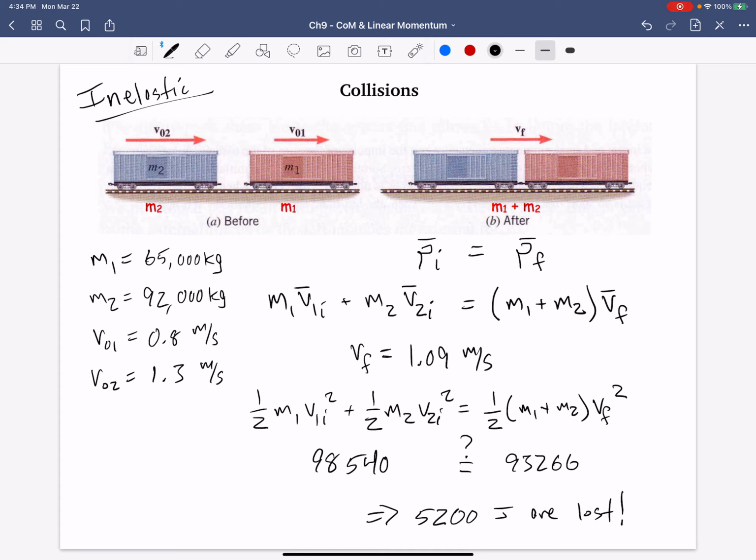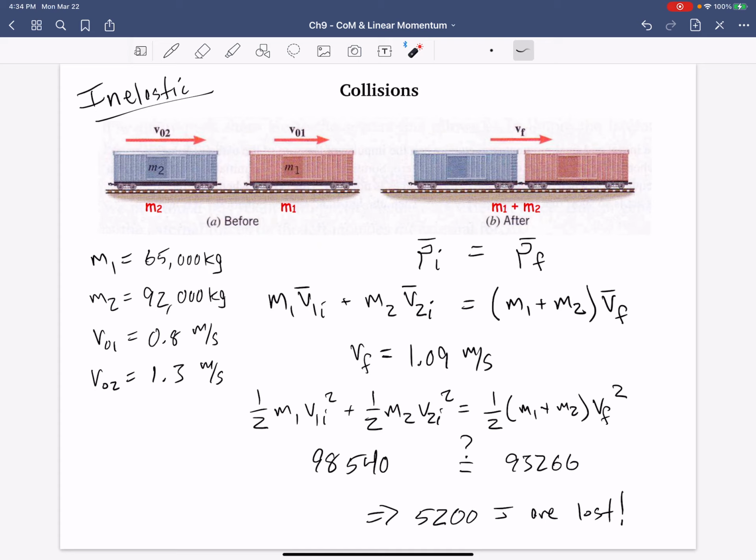Okay, so where does that energy go? Well, it goes into the connection, right? It goes into slowing down mass 1 and speeding up mass 2, but at the same time, if they were to elastically bounce apart, they're still connected, so that prevents them from moving apart, and so that takes a little bit of the energy, right?